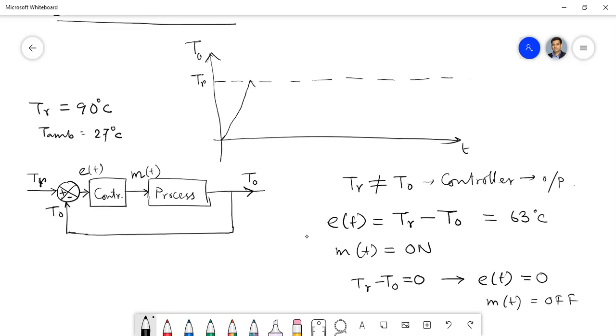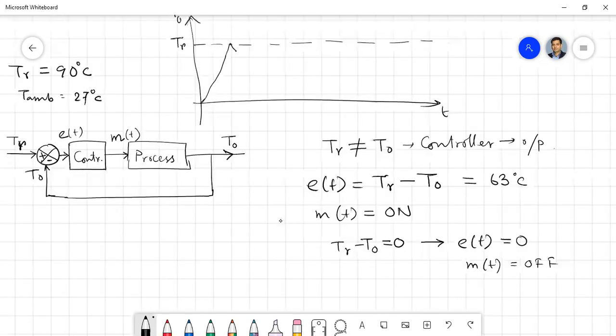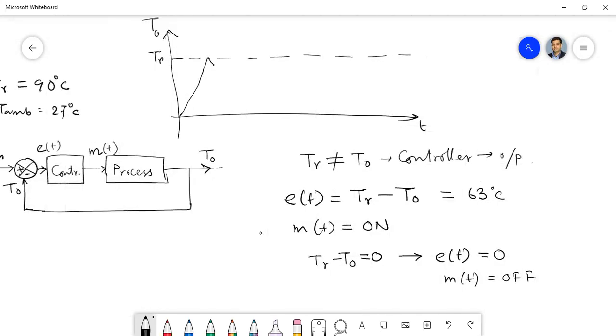Okay, do you understand? But when you will again switch on, that you have to decide. When will I switch it on again? Because if my logic is that always if TR minus T0 is positive, the switch will be on, then as soon as it cools a little, it will turn on again, and again. Okay?